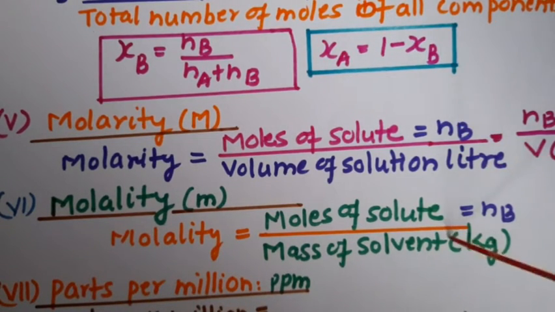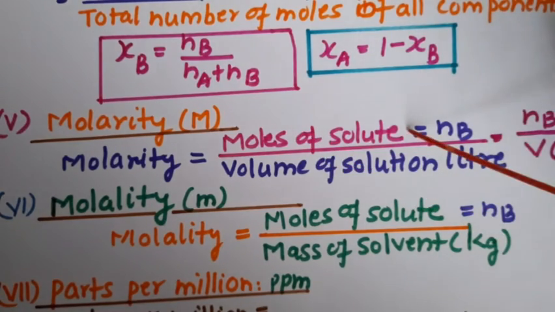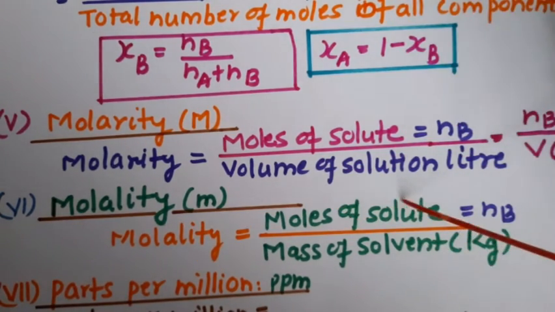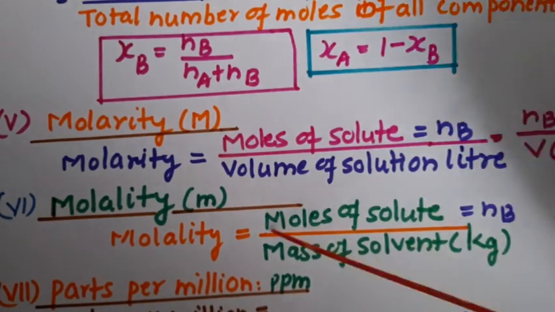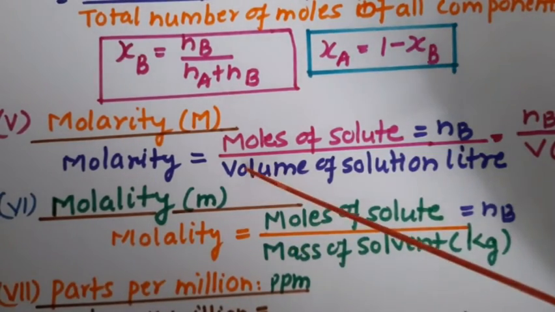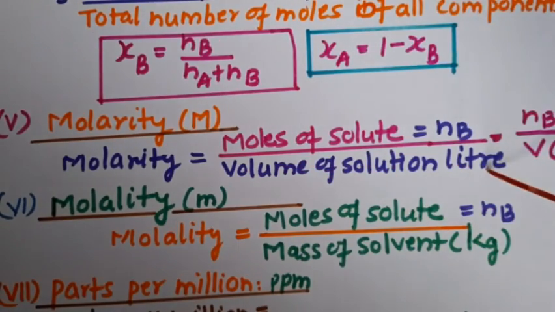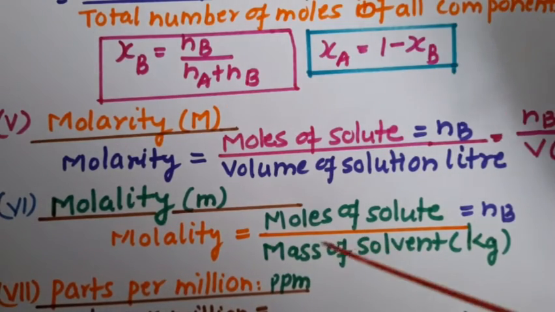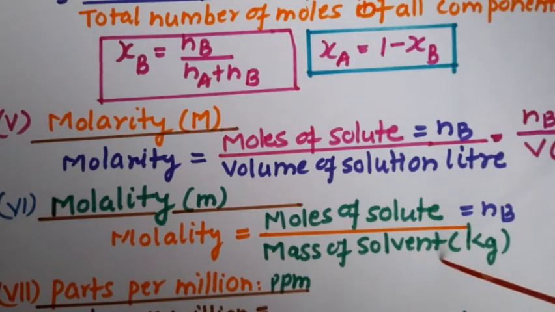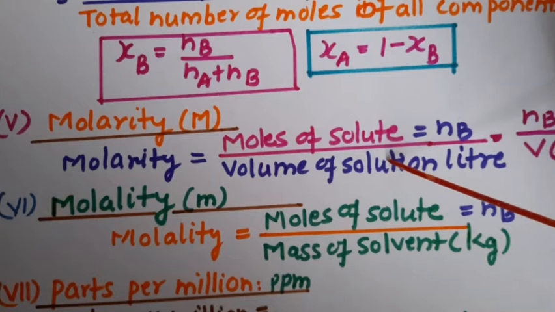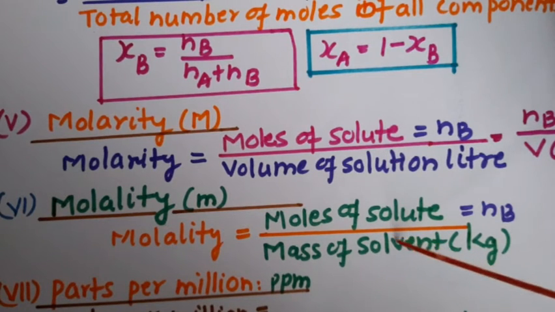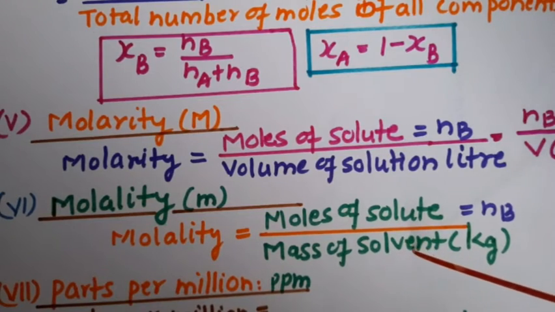Consider the difference between these two formulas. The number of moles of solute in the numerator remains the same, that is nothing but nB. In the denominator of molarity, there is the volume of solution taken in liters, whereas in the case of molality, there is the mass of solvent. There are two differences. First, here it is solution, and here it is the mass of solvent only, not the mass of solution.